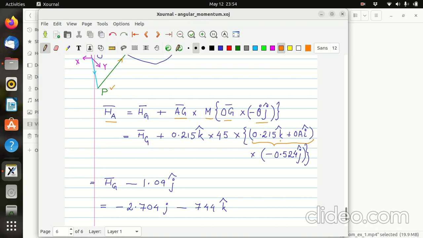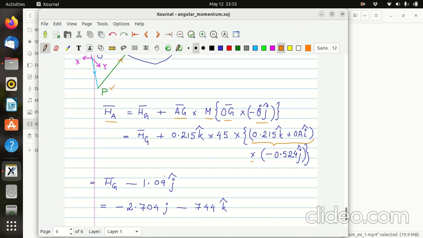Now this OA part is actually not required, because when you take this cross product, k cross j is minus i and i cross j is k. Taking the cross product of this with k again, this goes off. So whether the value of OA is given or not doesn't matter.